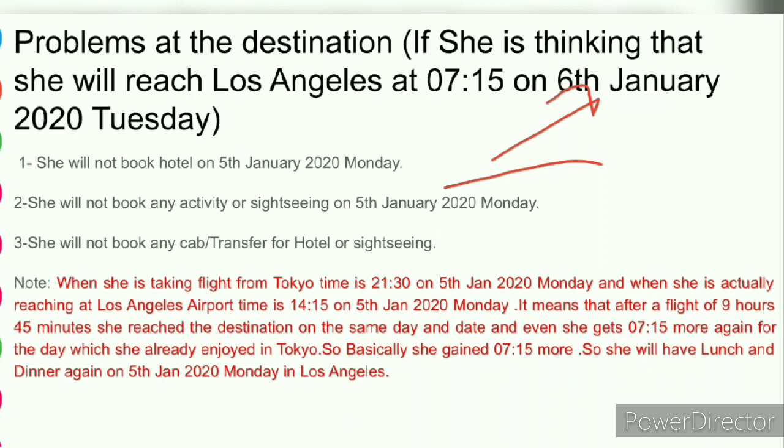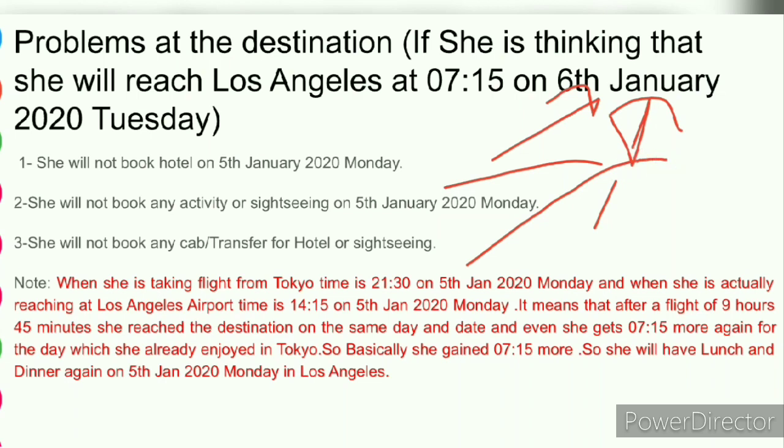So that is the first problem. The second problem is that she will not book any activity or sightseeing on 5th January 2020, because she is thinking that she will reach the destination on 6th January.